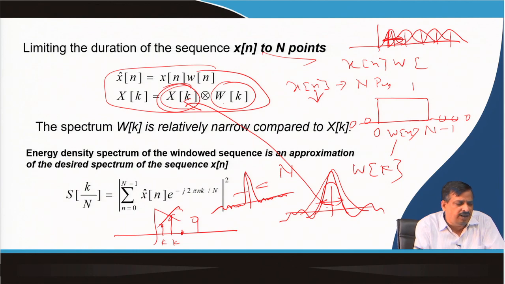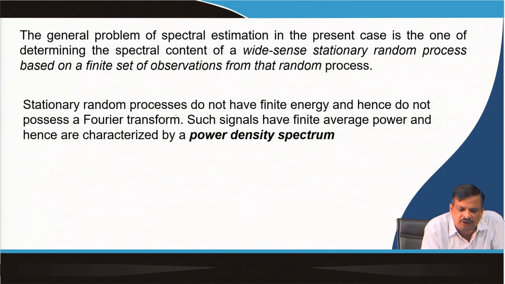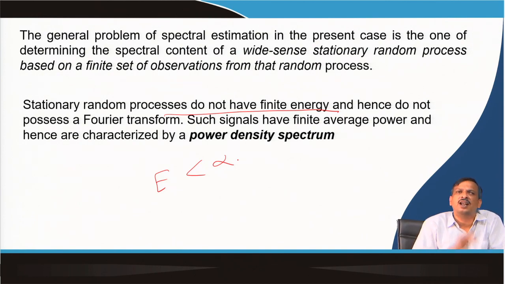Now this is the case of a deterministic signal. Now let us look at the general problem of spectral estimation for a wide sense stationary random process. A wide sense stationary random process does not have finite energy, so E is not finite. There are two kinds of signals: power signals and energy signals.